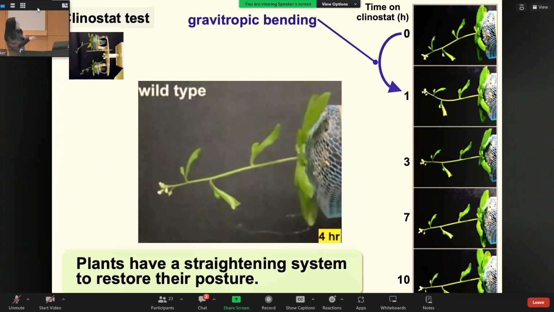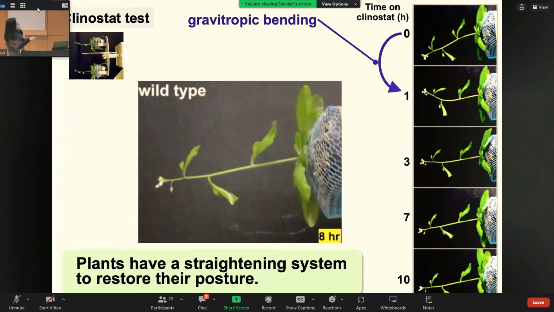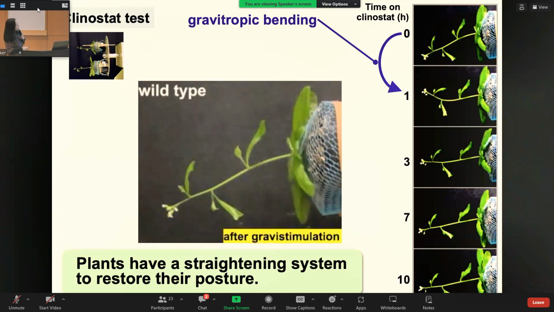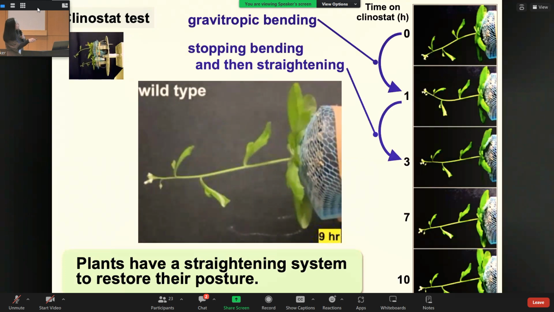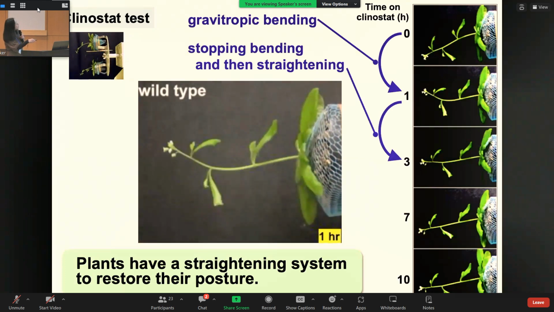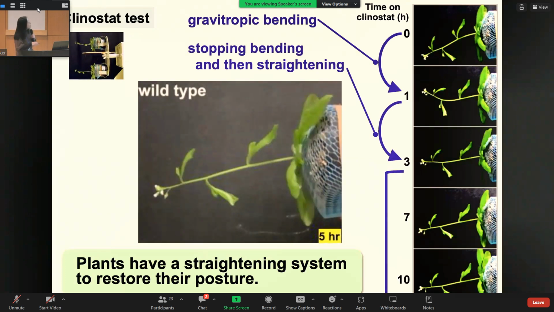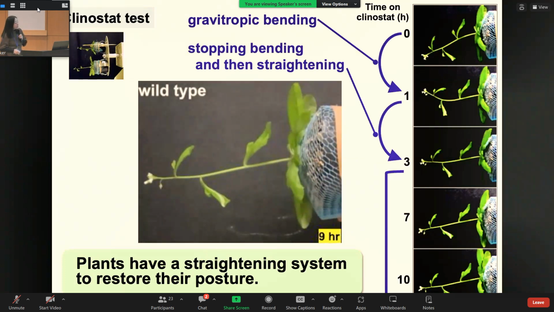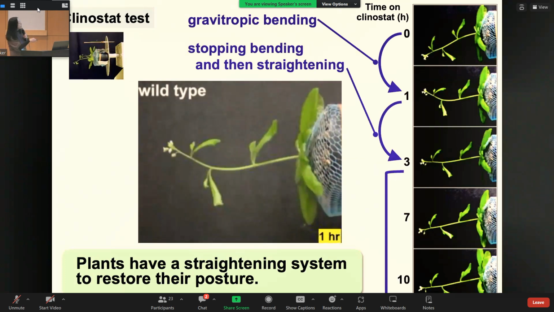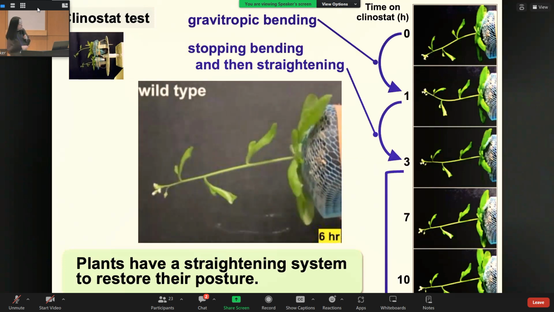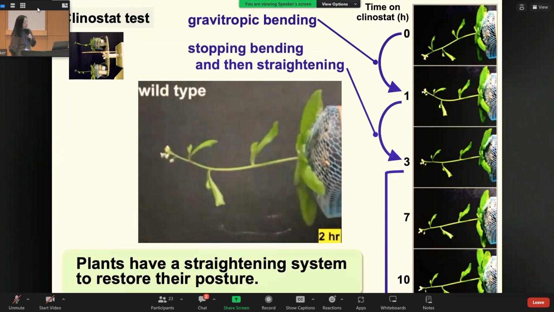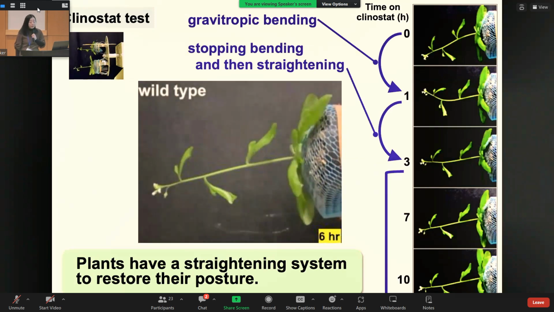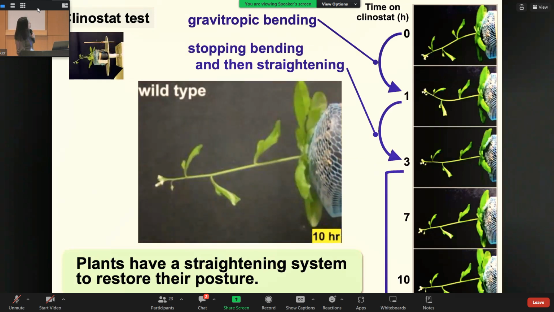The stem bends upward in response to gravity, and then the bending stops and becomes straight. The straight posture is maintained for more than 10 hours on a clinostat. This result indicates that plants have a straightening system to restore their posture.